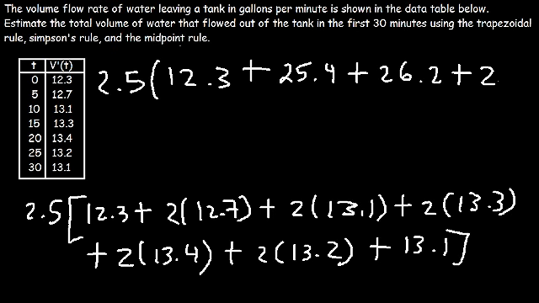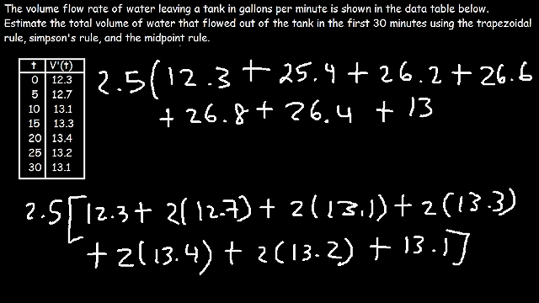The next one is going to be 26.6, and then 26.8, and then 26.4 plus 13.1. So 12.3 plus 25.4 plus 26.2 plus 26.6 plus 26.8 plus 26.4 plus 13.1.